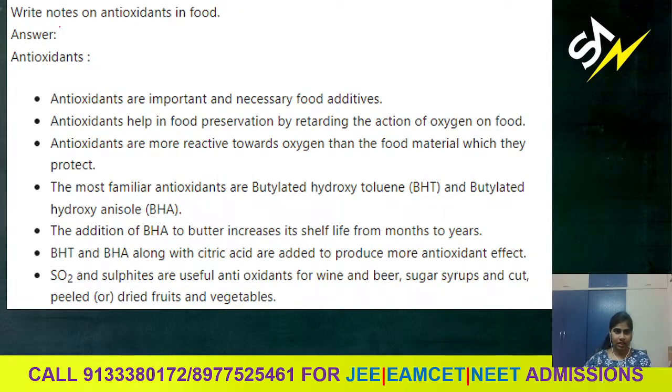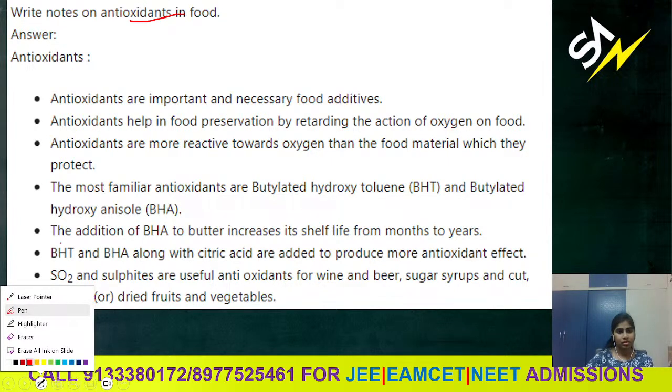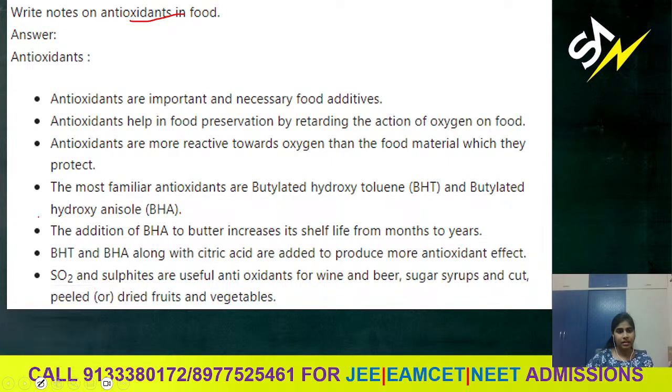And next you can expect a question: write a note on antioxidants in food. You need to explain what antioxidants are and in what type of chemicals they are present in our food.